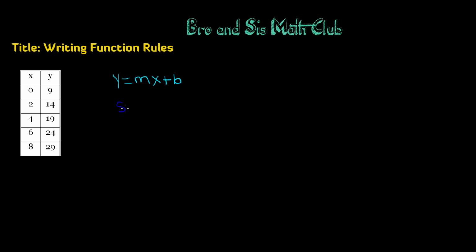Remember that the slope is always y over x, which is rise over run. So first we need to determine the difference or the rate of change in our y values and then in our x values. In our y values, we can see that it increases by 5 each time.